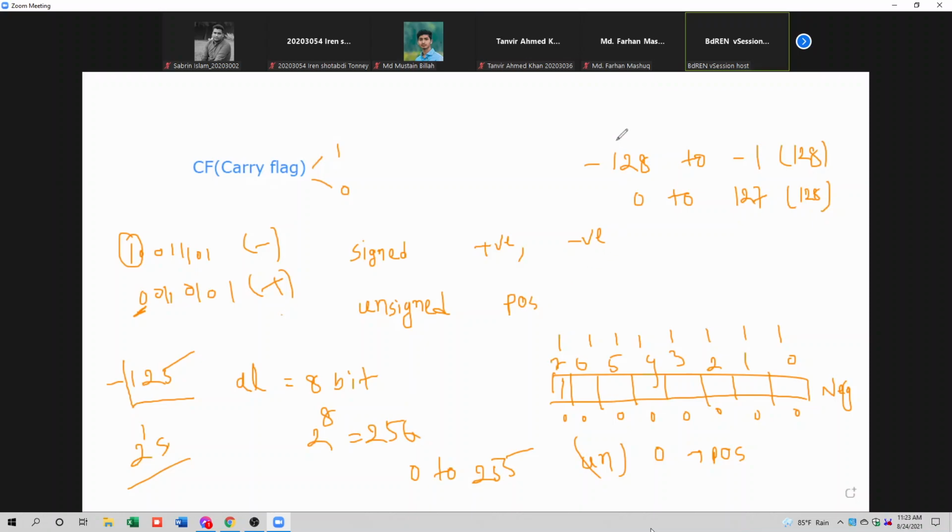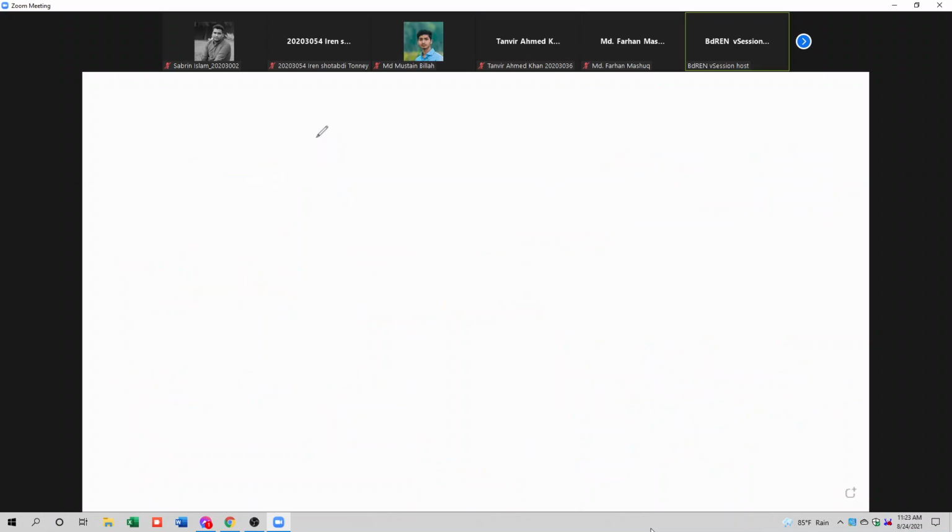Okay. So the first condition is we need to take some unsigned number if we want to change the value of the carry flag register. This carry flag register will store the result of an arithmetic operation on some unsigned number. So how are we going to change the value of the CF register?